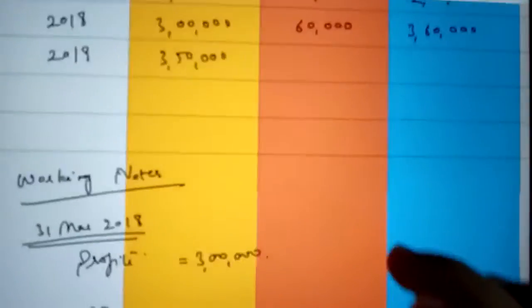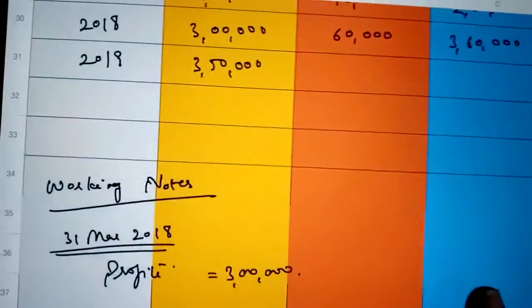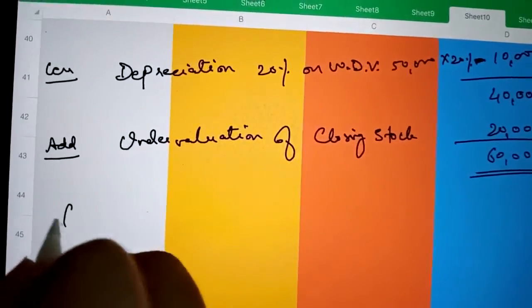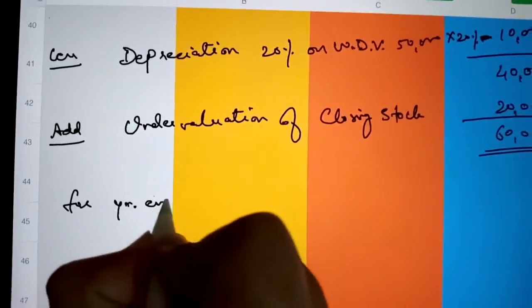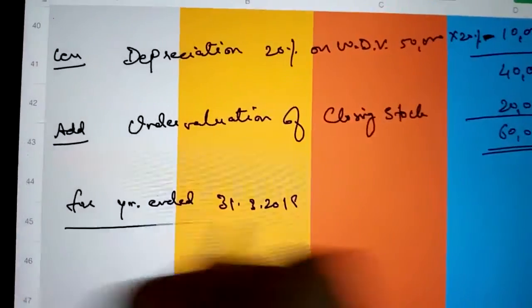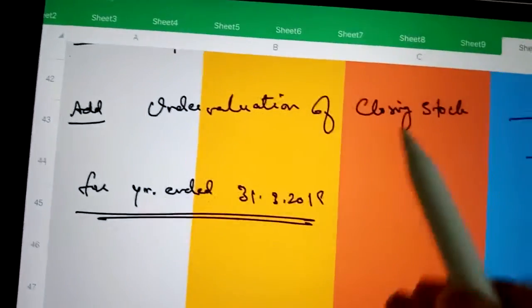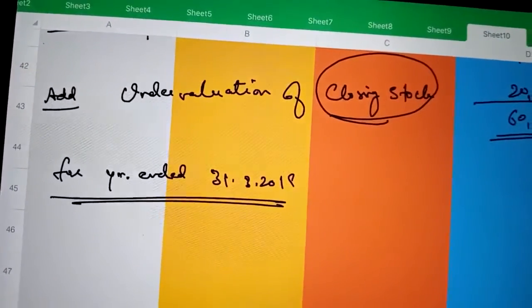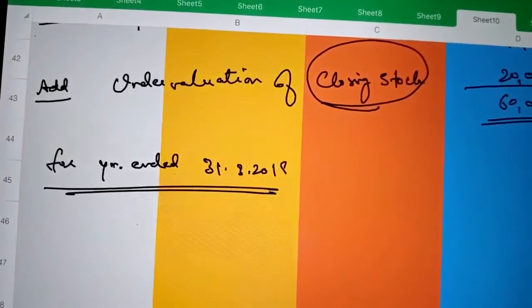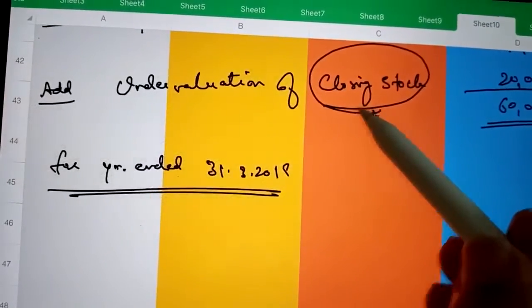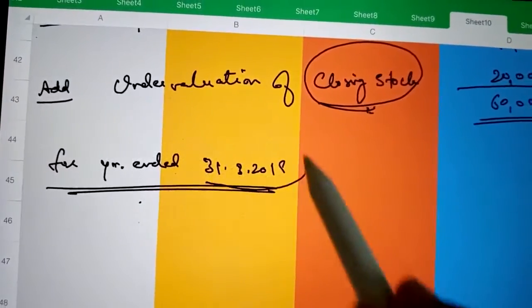And for the year 2019, the next adjustment is for year ended 31st March 2019. Because the closing stock of the year ended 31st March 2018 is undervalued, and this closing stock will become the opening stock in the next year, that is for the year 2019.